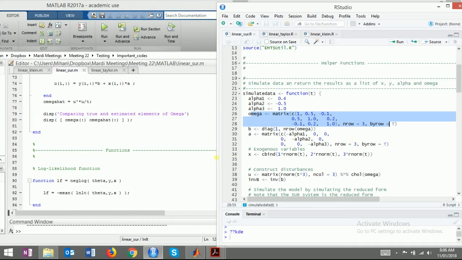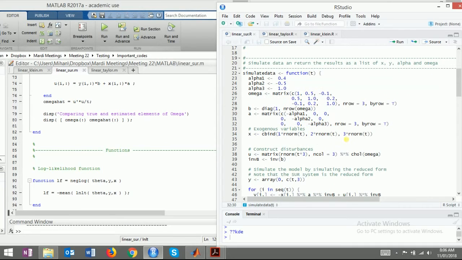A is again calculated separately from omega. So let's see what that means: diagonal of ones, number of rows and number of columns. The number of columns is not necessarily the number of rows, where omega is fine. This is by default always. So diagonal of omega, that's all. Very simple.